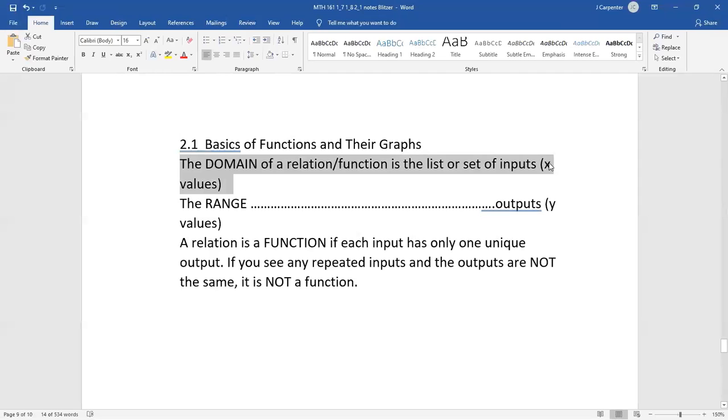Inputs are generally your x's. Domain is talking about your inputs, which again are generally your x's. The range is just the list or set of the other things, the outputs, the things that come out of it, which we generally call the y values. So domain, input, x value; range, output, y value. In, x; out, y.